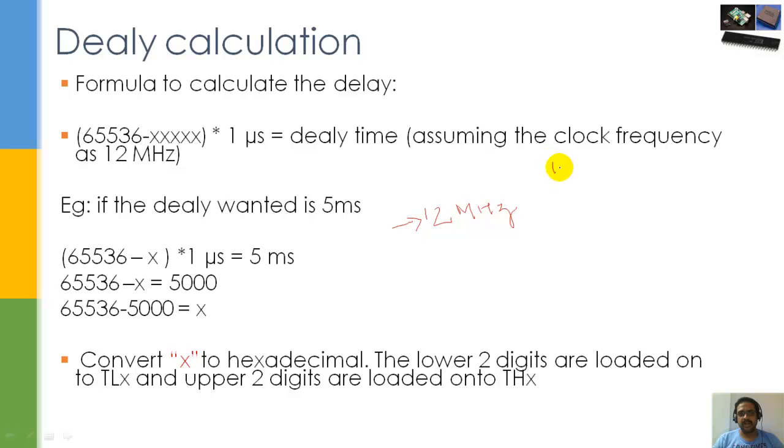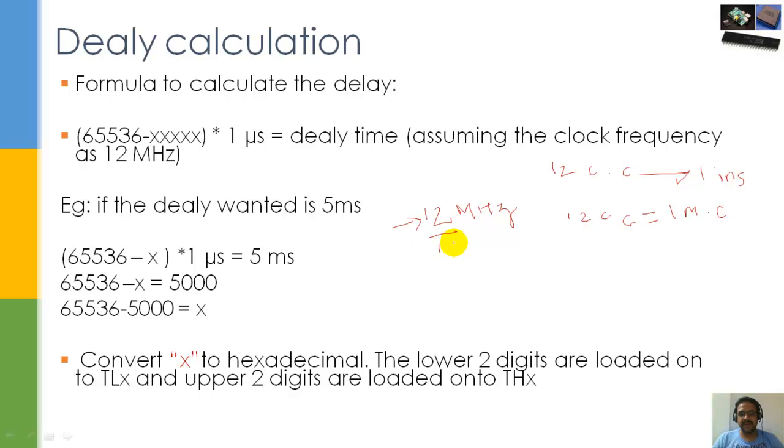As I told you already, 12 clock cycles are consumed by one instruction. This is just the continuation of what I said in the last video lecture. So 12 clock cycles is equal to one machine cycle or one instruction cycle. I don't want to go in terms of clock cycles, I want to go in terms of instruction cycles, because the timer ticks for every instruction cycle or machine cycle.